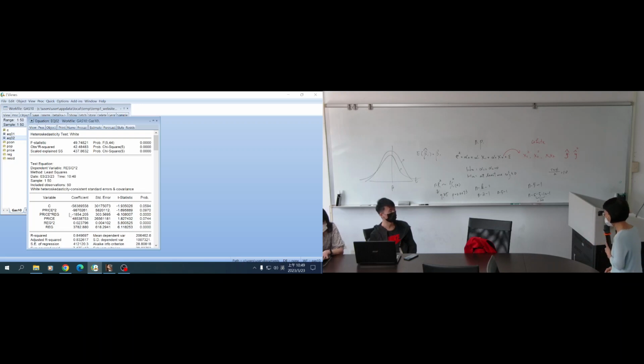Okay, so usually, since heteroscedasticity exists in cross-sectional data, if you work with cross-sectional data, you need to start by checking whether there's a heteroscedasticity problem.